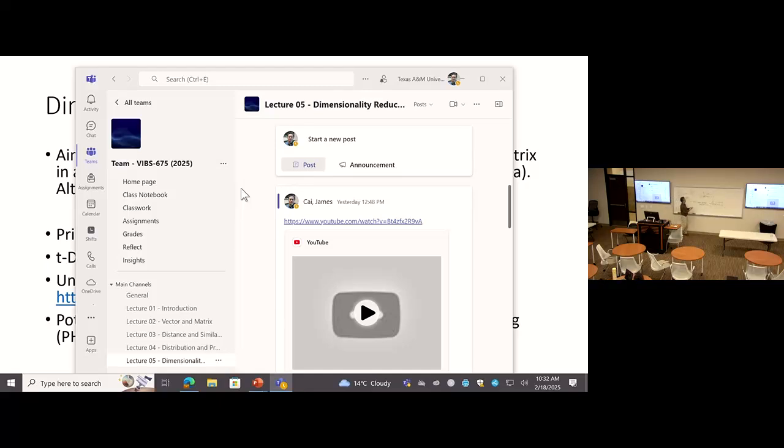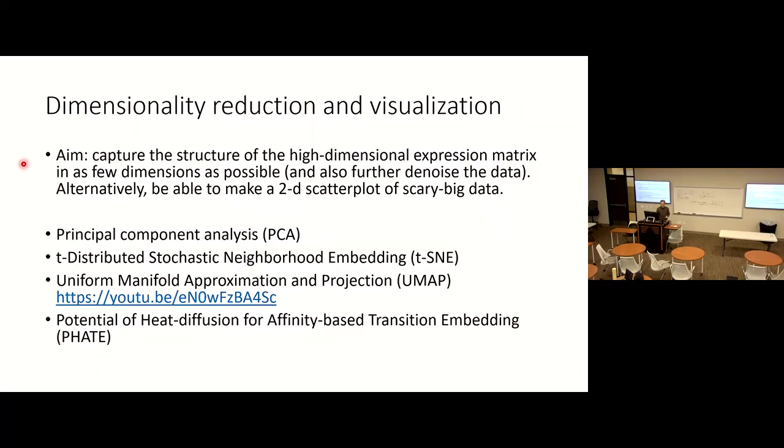PCA tries to find this rotation matrix to rotate your coordinate system. Either you can consider rotating the data points or rotating the XY system. They are the same. In order to achieve the largest dispersion, which is calculated by the variance of the data points to the center in total.